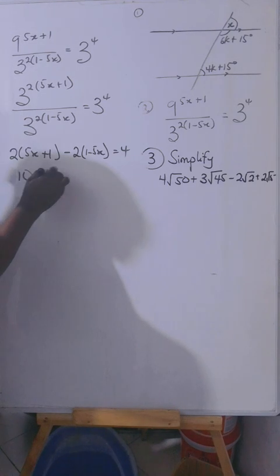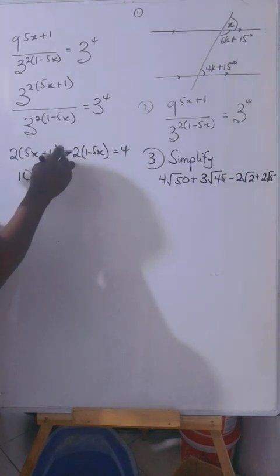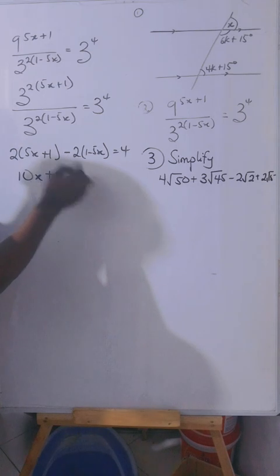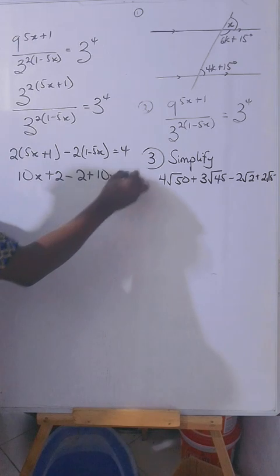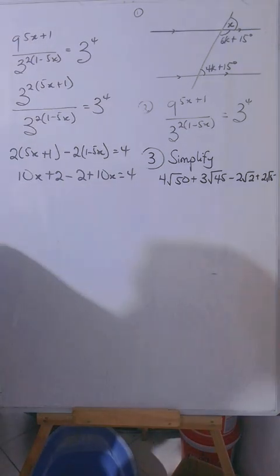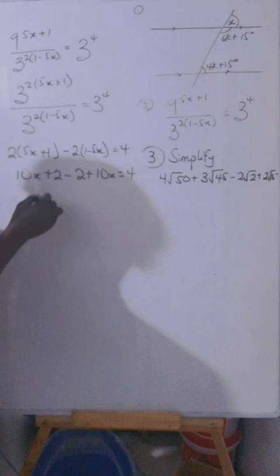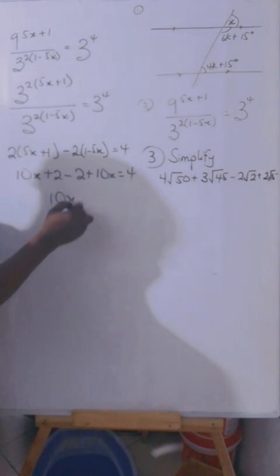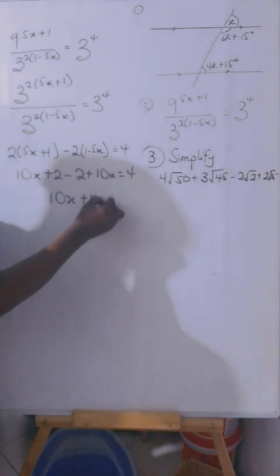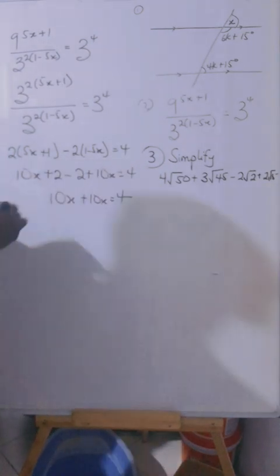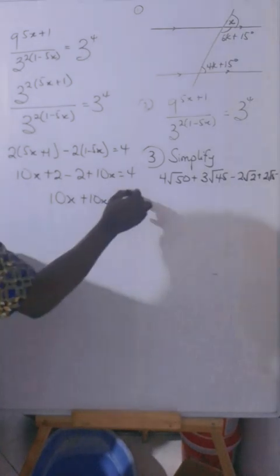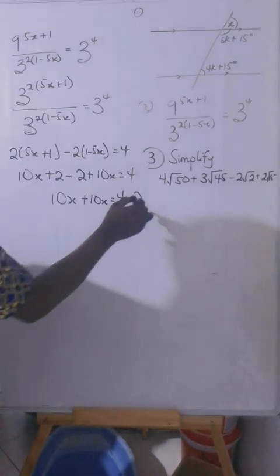This is 2, this is minus 2, this plus 10x equals 4. Right. So we group like terms, 10x plus 10x equals 4, so this will be minus 2 here, then plus 2.